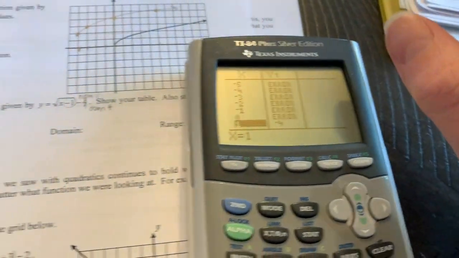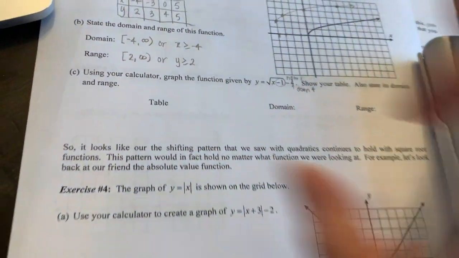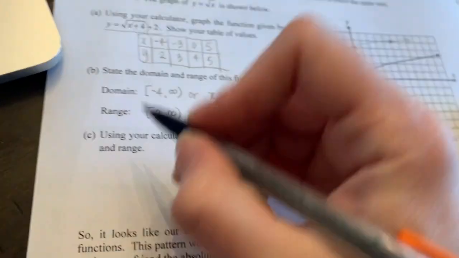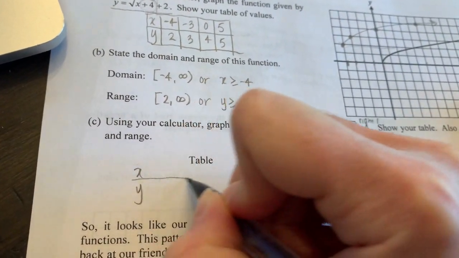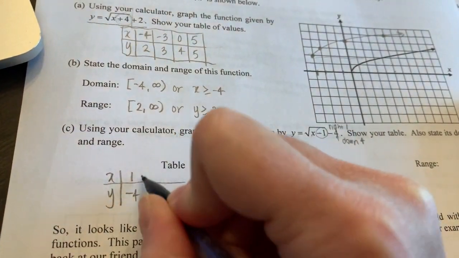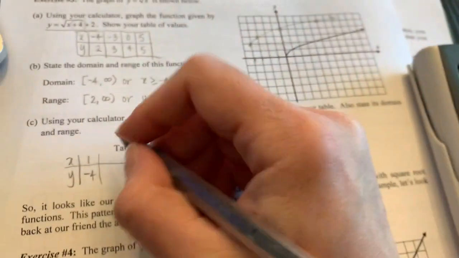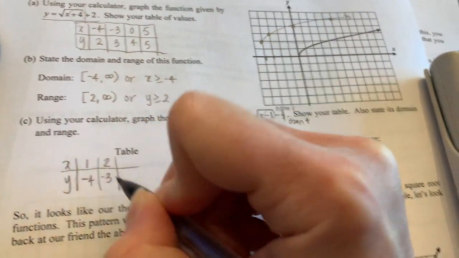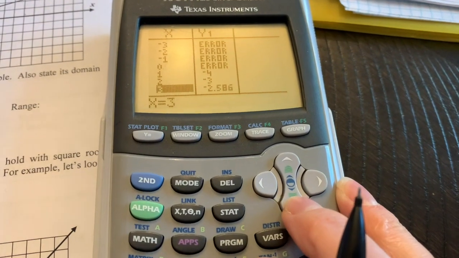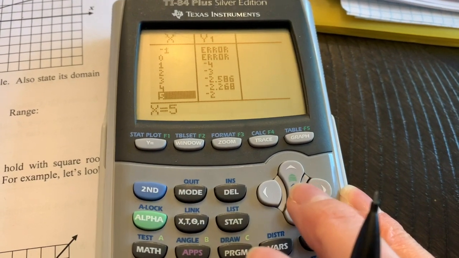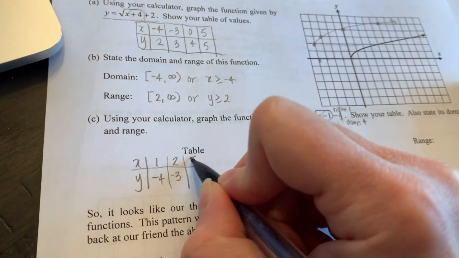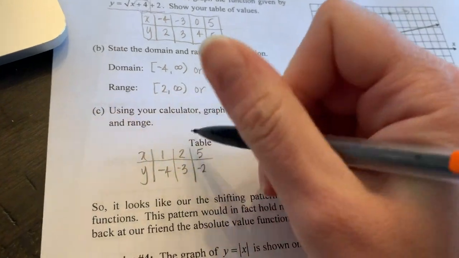So the first value I can have here is 1, and the answer is -4. And then I can find 2, -3, 5, -2, and is that a 5 or a 4?